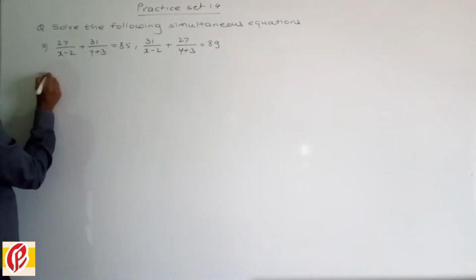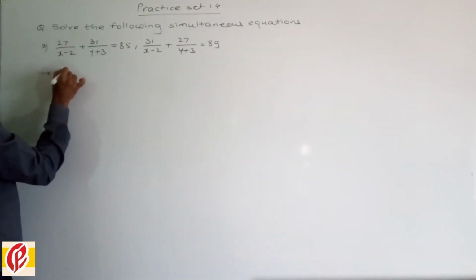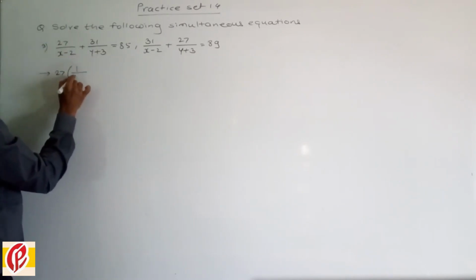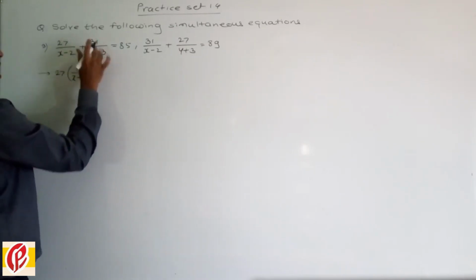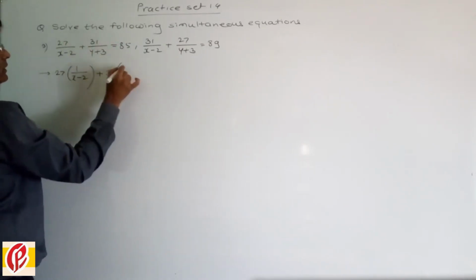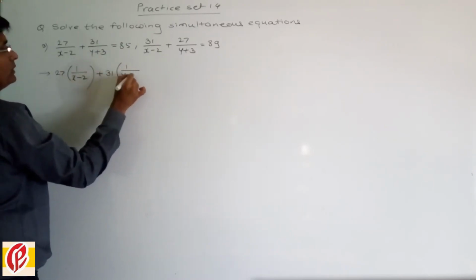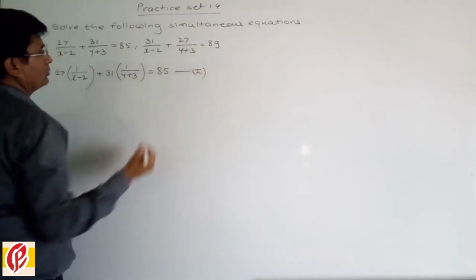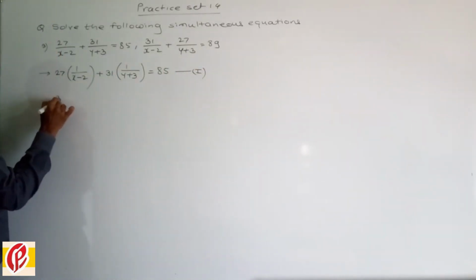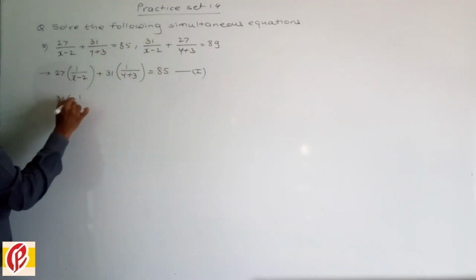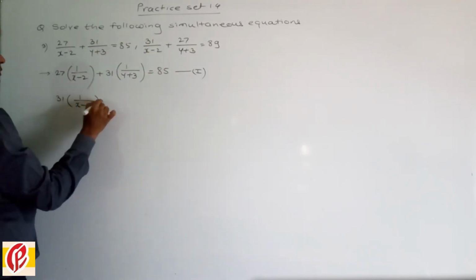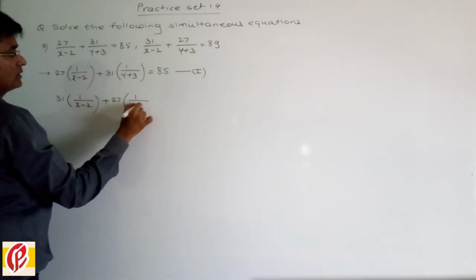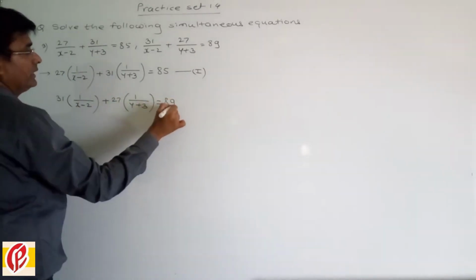So what is the first step? The first step is taking 27 outside the bracket, and in the bracket 1 upon x minus 2, plus 31 outside the bracket, in the bracket 1 upon y plus 3 is equal to 85. This is equation 1. And here 31 outside the bracket and in the bracket 1 upon x minus 2, plus 27 outside the bracket and 1 upon y plus 3 is equal to 89.